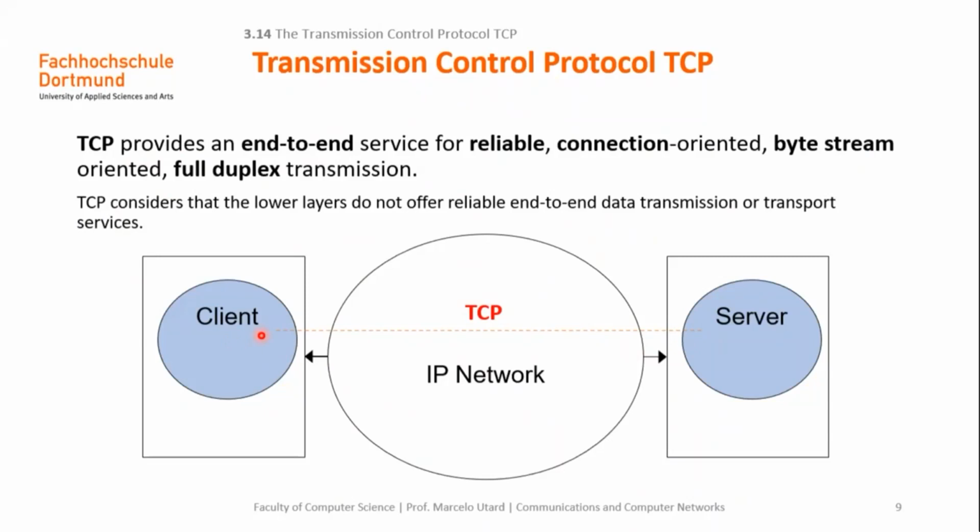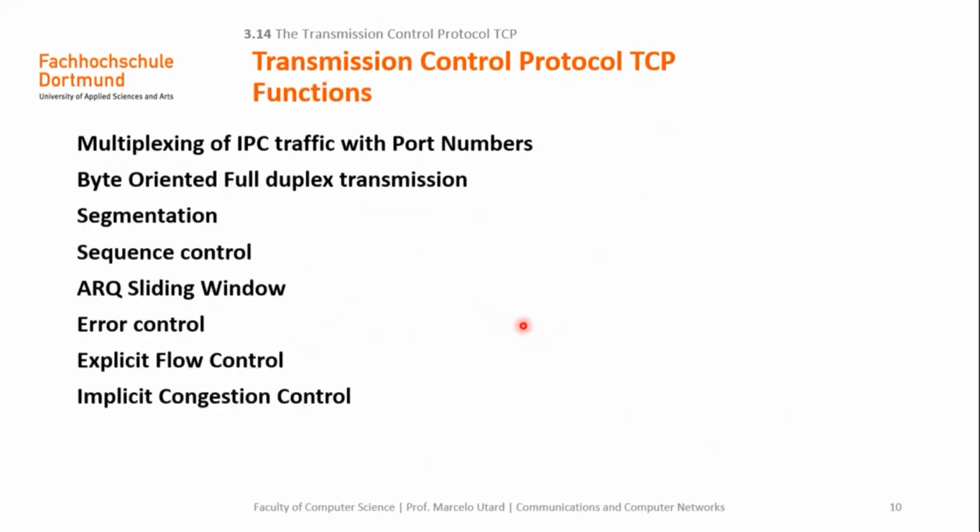One of them is the error control. The error control, the sequence control, the congestion control and the flow control. Remember, those are the functions that are implemented by TCP.